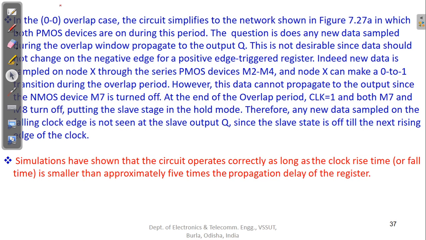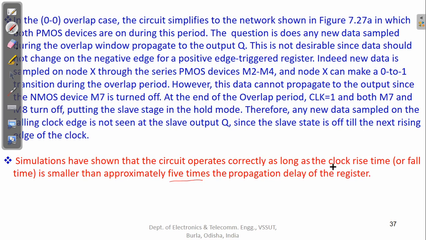So this is the explanation for the diagram that we had just seen, and simulations have shown that the circuit operates correctly as long as the clock rise time or fall time is smaller than approximately 5 times the propagation delay of the register.